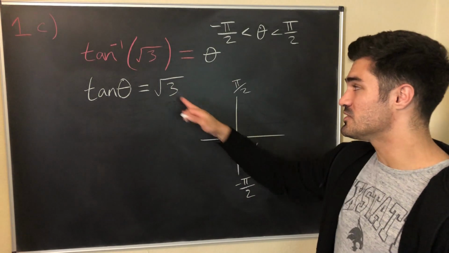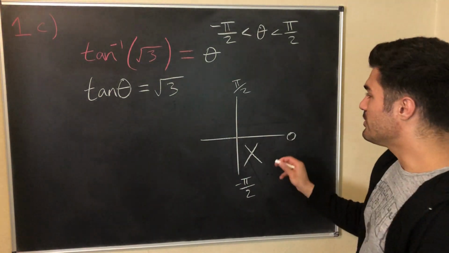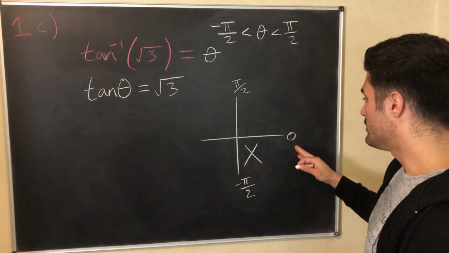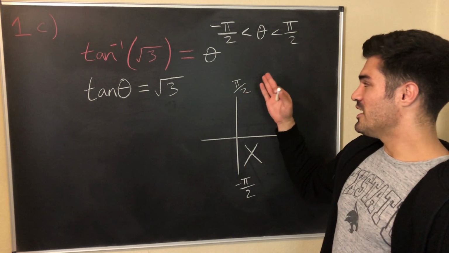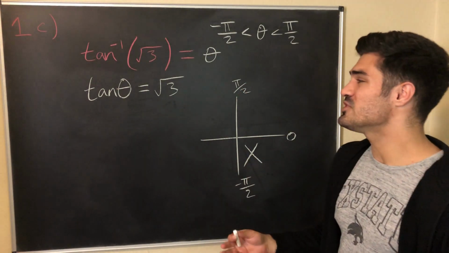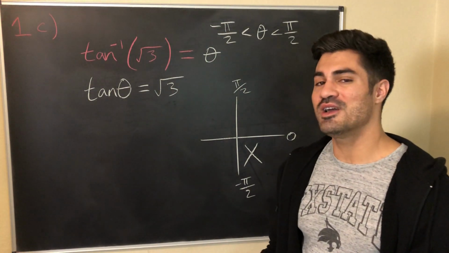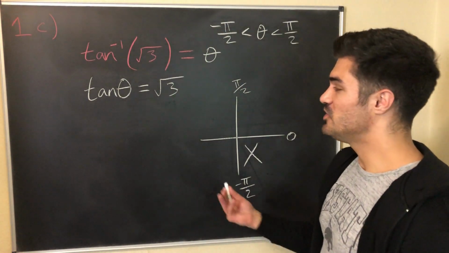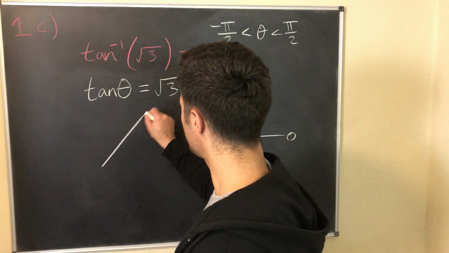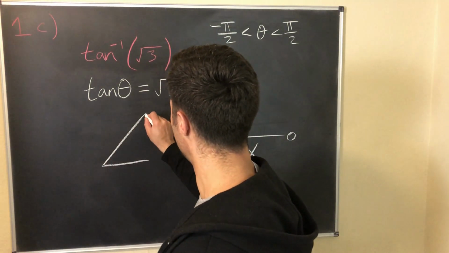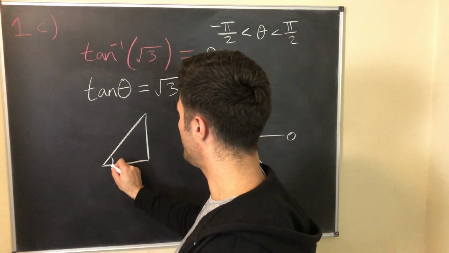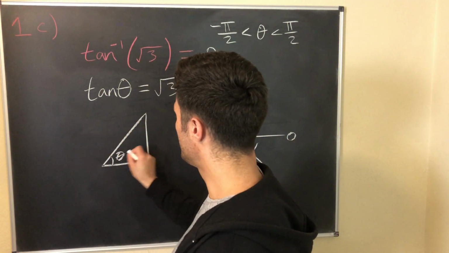So it definitely can't be in this fourth quadrant. So we've isolated this theta to somewhere between 0 and pi over 2. Now we just have to find out what value for theta this is. So I personally have this memorized. I know it's pi over 3, but if you don't have this memorized, I'll show a quick little trick, something you can do. You can draw a triangle, and you can say, well, this is the angle theta, right there.